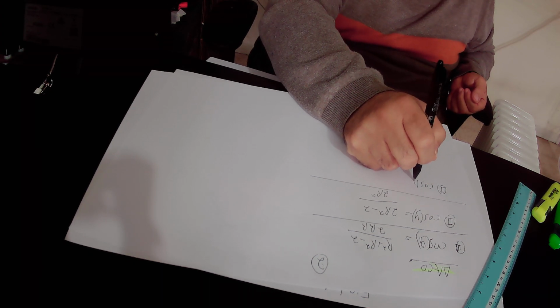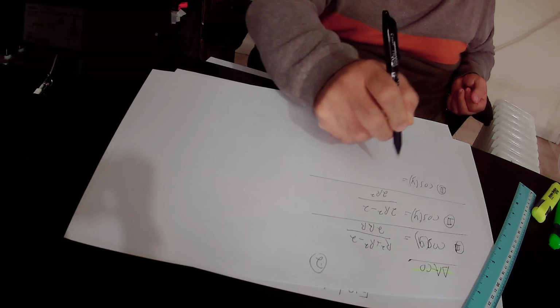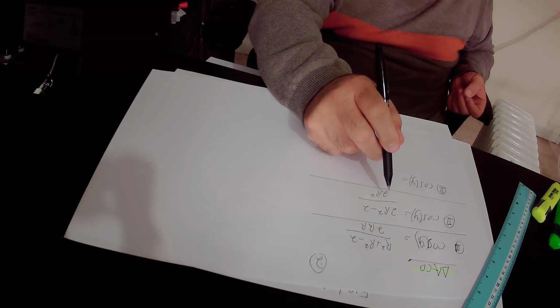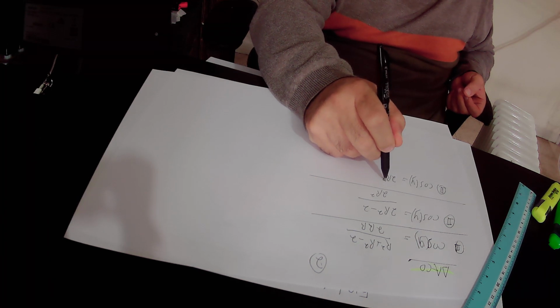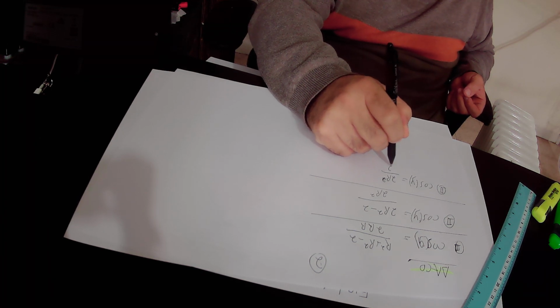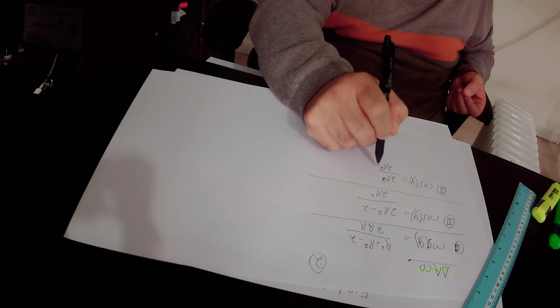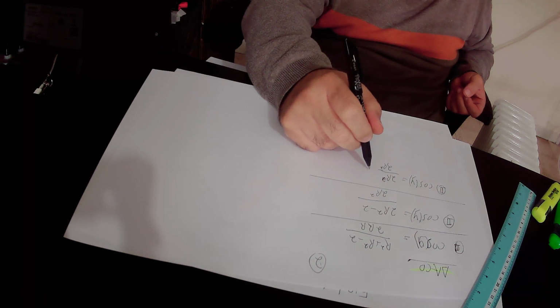The first part will be 2r squared over 2r squared, and the second part is minus 2 over 2r squared.